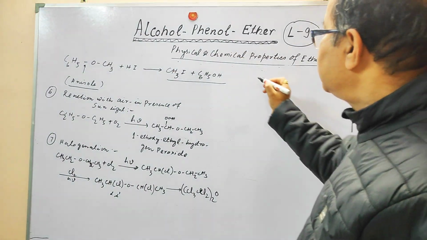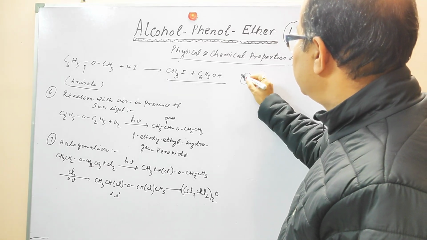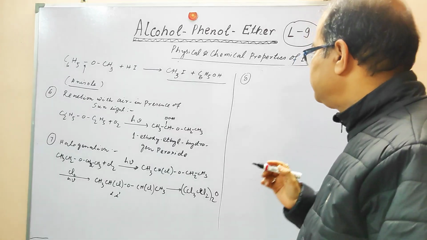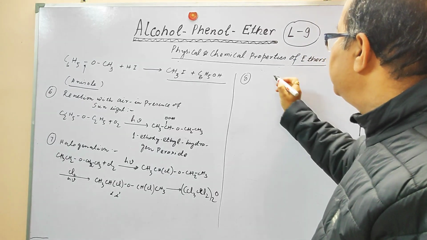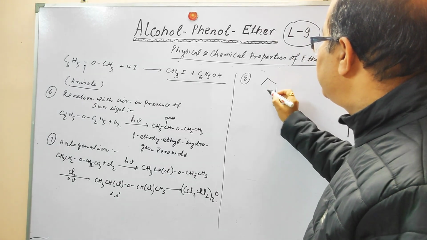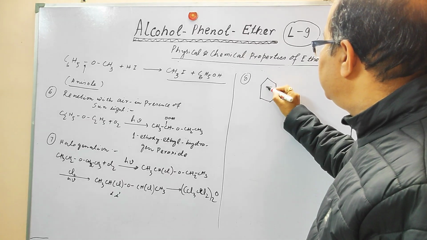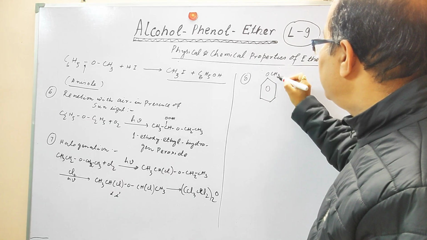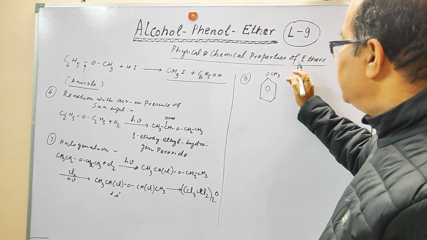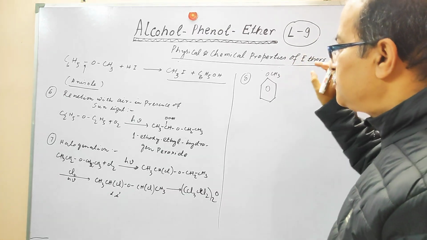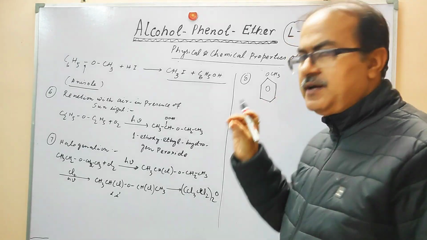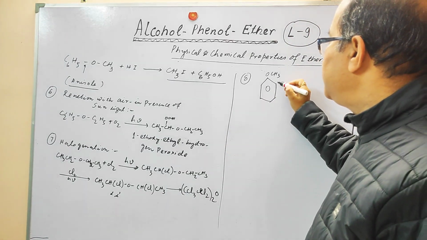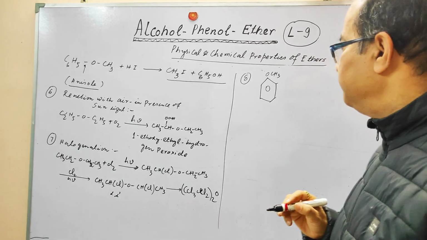Now we are going to discuss the electrophilic substitution reactions of phenolic ethers. When we incorporate an alkoxy group, suppose it is a methoxy group, it is anisole. It activates the benzene ring, and it is basically ortho and para directing.